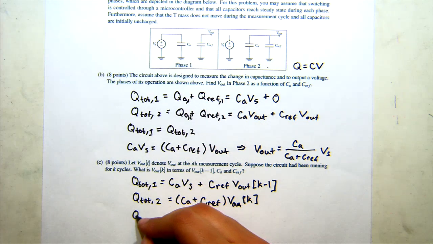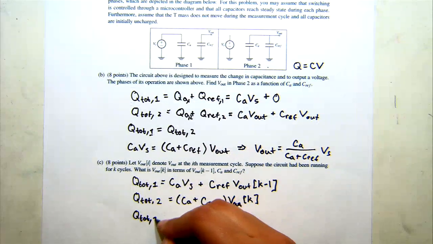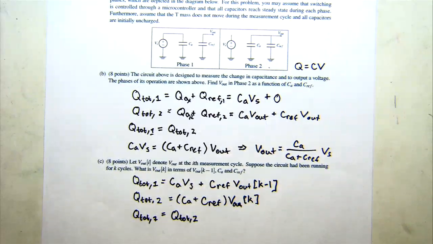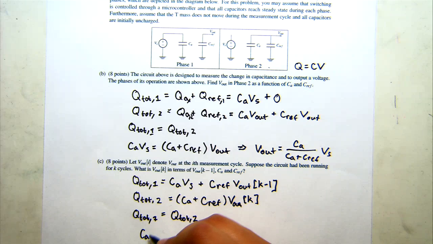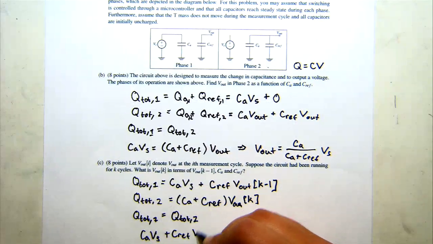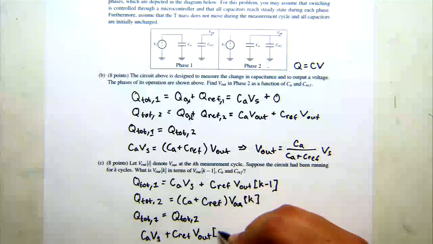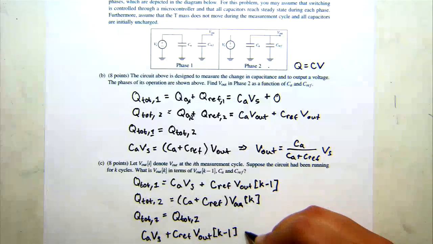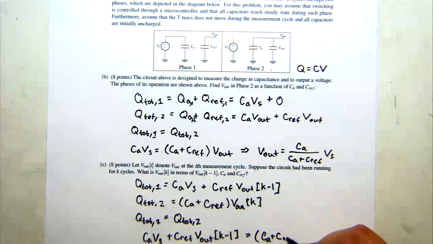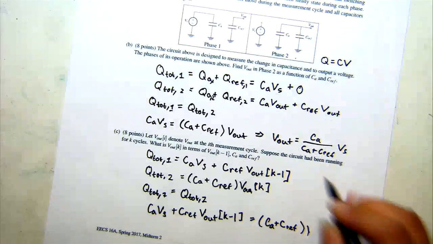Once again, we know that Q total stays the same. And so, if we write this out, we have CA VS plus C ref V out K minus 1 is equal to Q total 2. So this is CA plus C ref times V out K.